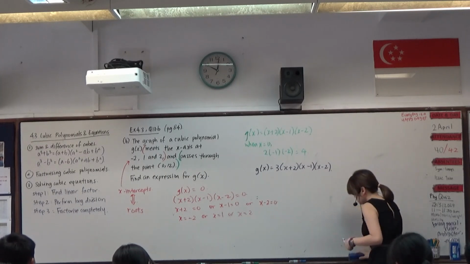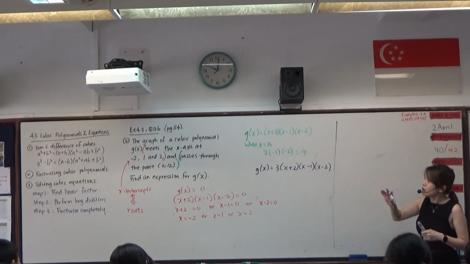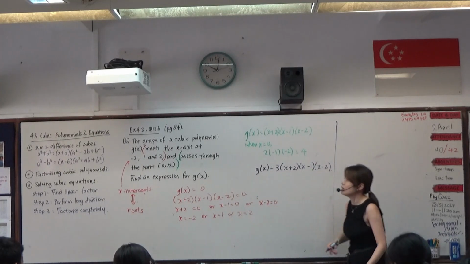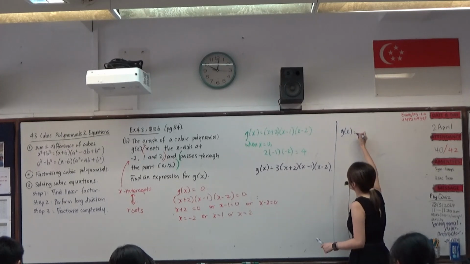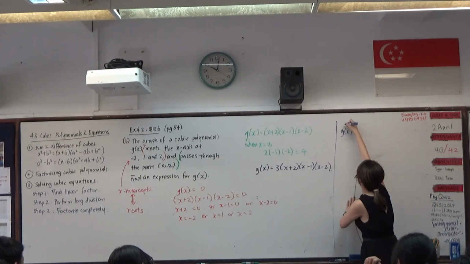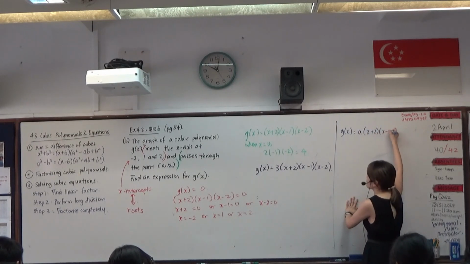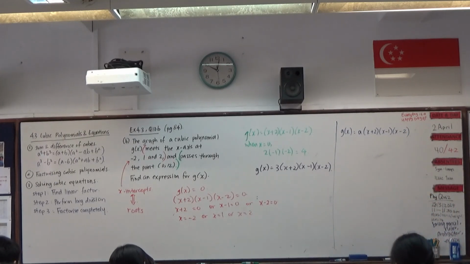I'll write it here. We know that it is cubic, so obviously when we form this, we already get a cubic. So we will be able to say that g(x) equals a times (x plus 2)(x minus 1)(x minus 2). Right at the start, you can already get g(x) to be equal to this.